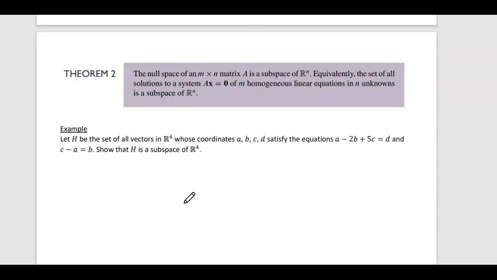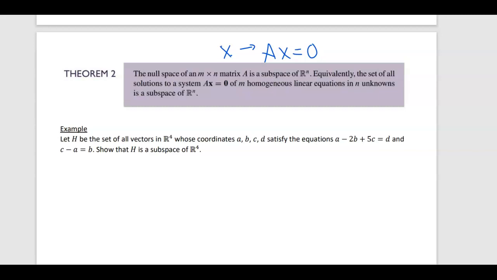Which brings us to a theorem here in the book. The null space of an m by n matrix, remember, any vector x such that Ax equals 0 is what we're talking about, that null space is a subspace of Rn.